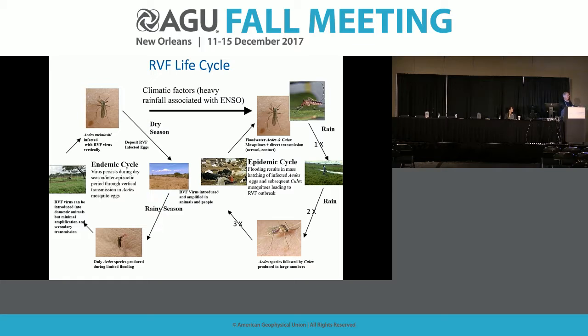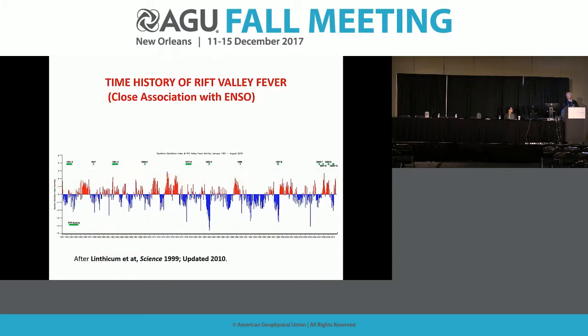The difference between the two just depends on how much rainfall occurs in an area. As I showed you before, a lot of rain, you end up with epidemic cycle. The virus comes out from eggs that are laying dormant in the soil and infect animals and people.